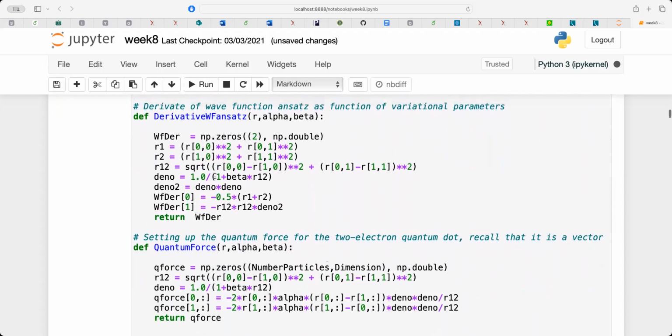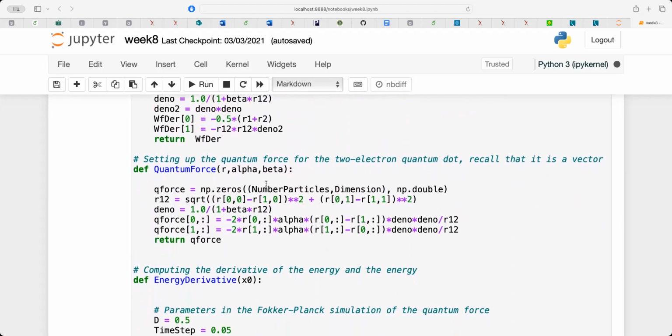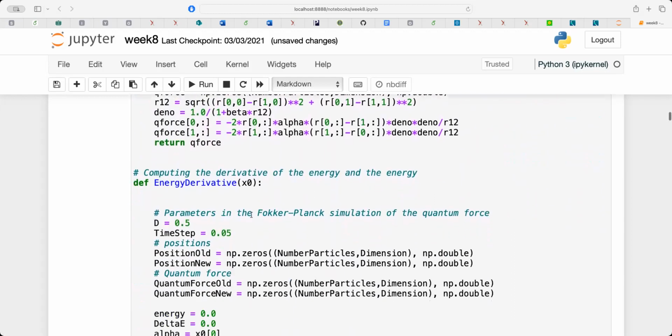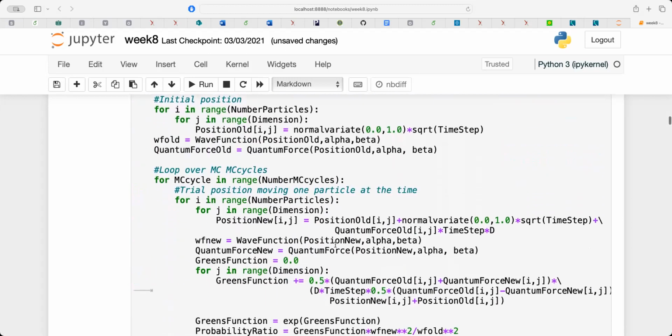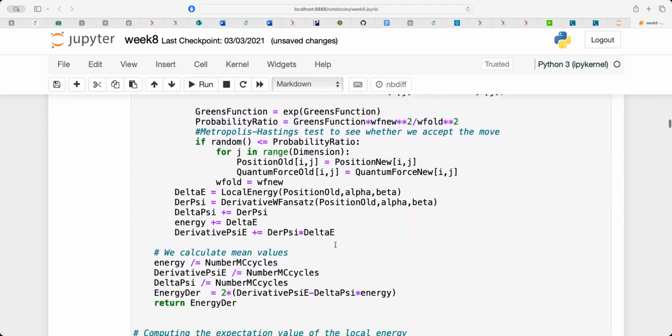There is a derivative calculation of the energy as a function of the wave function ansatz, which you have here. We have 2 parameters, alpha and beta. It calculates the quantum force. This is a function which calculates the derivative of the energy with respect to the variational parameters. So these are these 3 integrals which we have been discussing earlier in the optimization part. So there's a function which sets up the derivative, and you have seen this before.